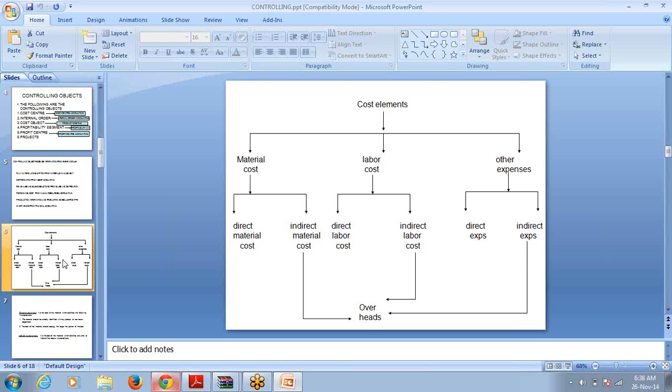So these are the main primary purposes of cost accounting, right? Keeping these two objectives in view, let us try to understand overheads.